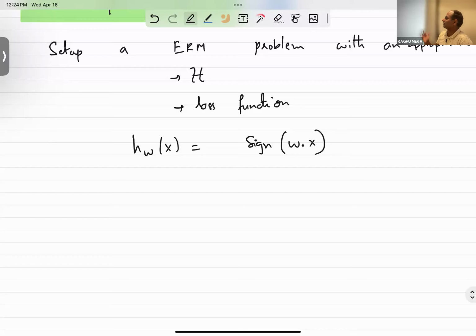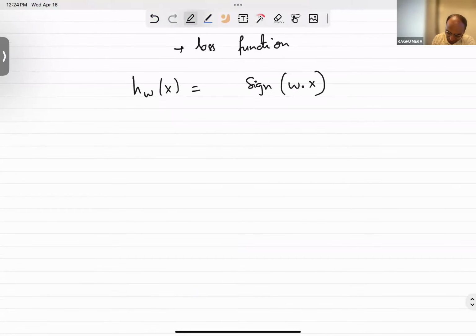Right? It's some discontinuous function, so you'll have to use subgradients, but that's okay. We don't have to worry about that too much, right? But the loss function that we're going to use is the following, hinge loss.